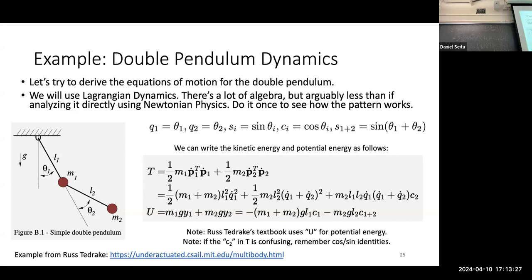Let's double check, just search what is the identity of sine of two things, A plus B. So plus... Oh, there should be a plus here?